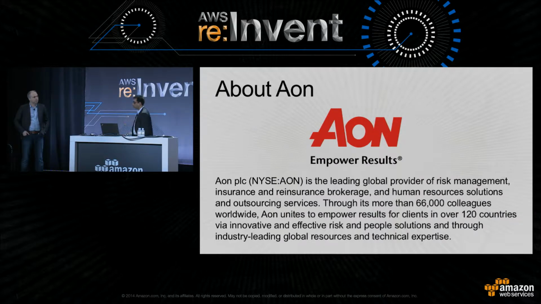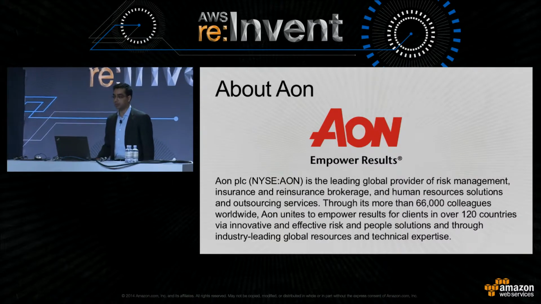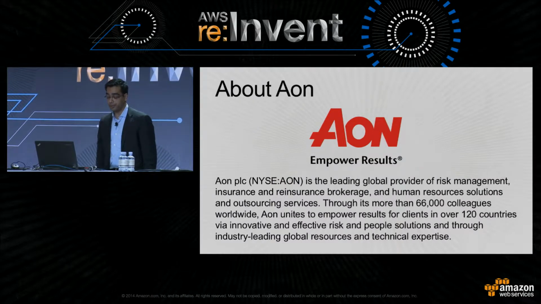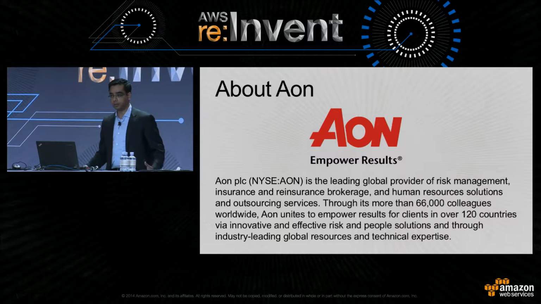My employer, Aon, is a large corporation. Many of our customers are insurance companies that have big simulation problems. They want to simulate various types of risks, financial market risks, as well as catastrophe risks and other things.